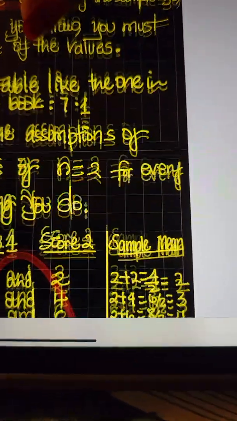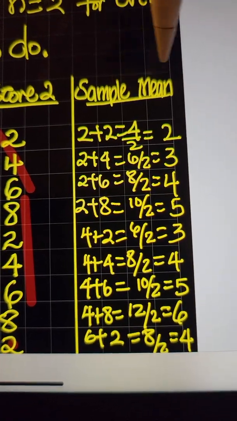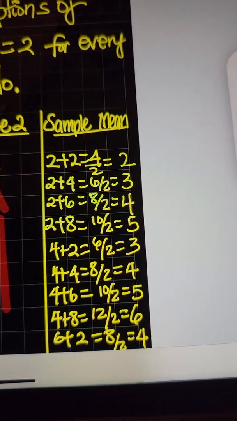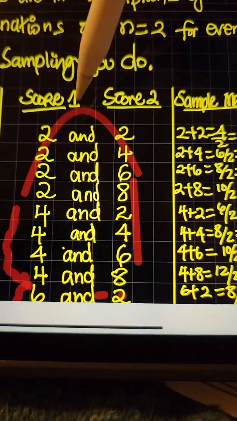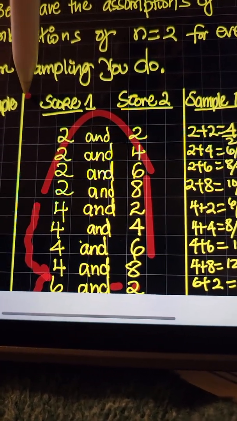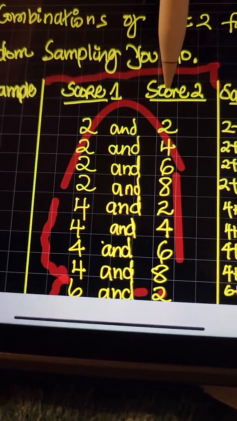So in the mean column, what they have done is the sample mean. Remember, these are samples, okay? So when you have sampled, this is one sample, but it has 2 scores: score 1 and score 2.